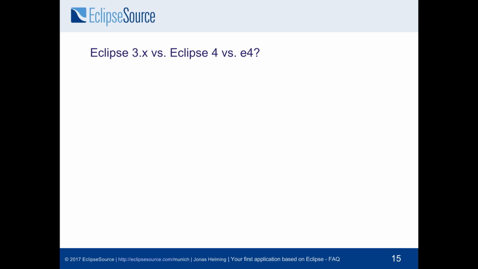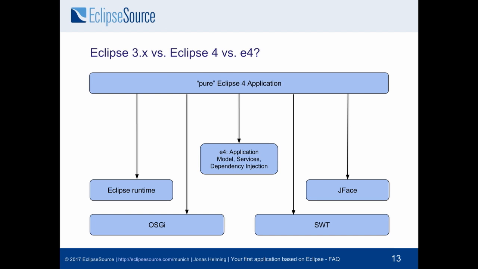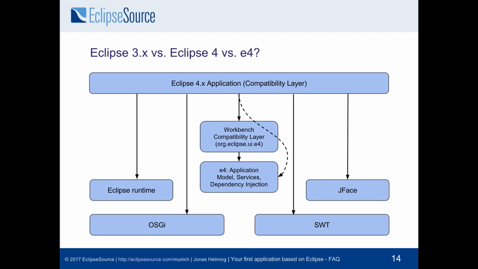Now, there are 3 choices that you can use in the future to write Eclipse applications. Number 1 is you stick with an old version, for example 3.8, and use the old API. Number 2 is you use the new API with the latest version. Number 3 is you use the latest version but the old API. Those 3 choices.